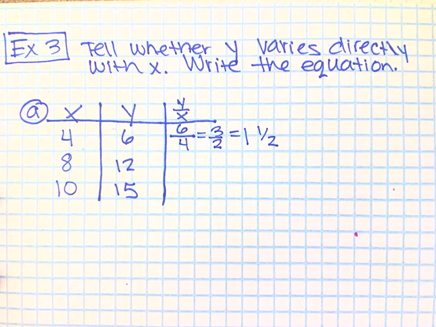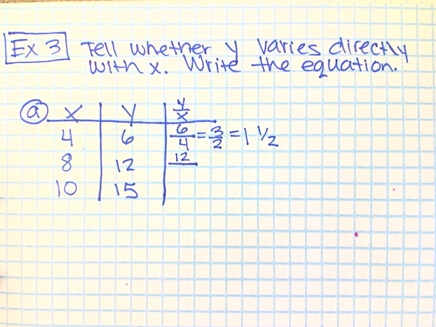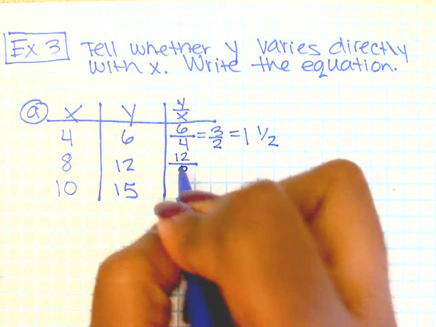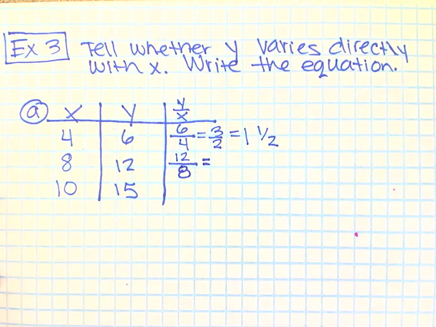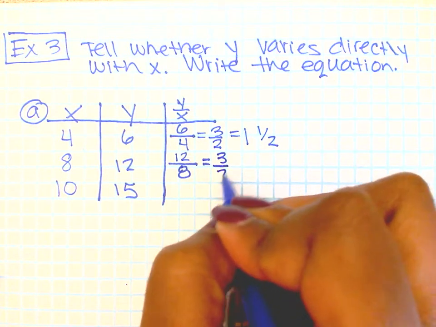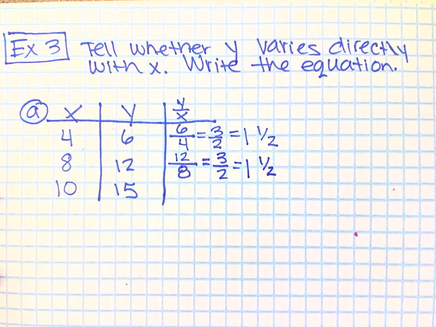Do the same thing with the next one. Take the y, 12, over take my x, 8, simplify it by 4, I'm going to get 3 over 2. That's also 1 1/2. I see some sort of pattern going on here.